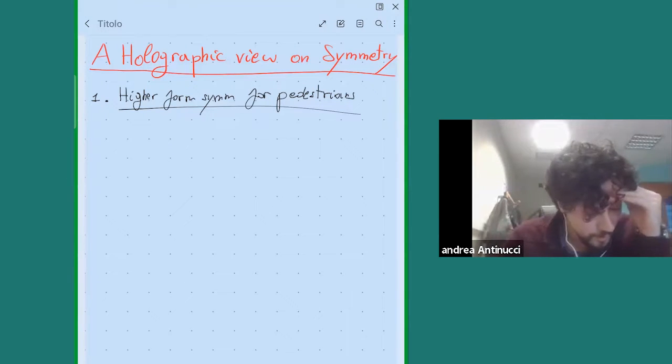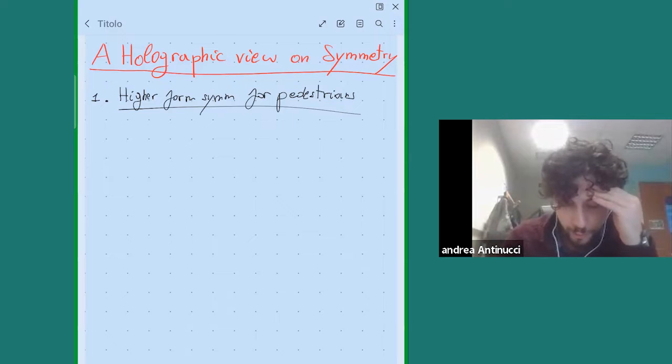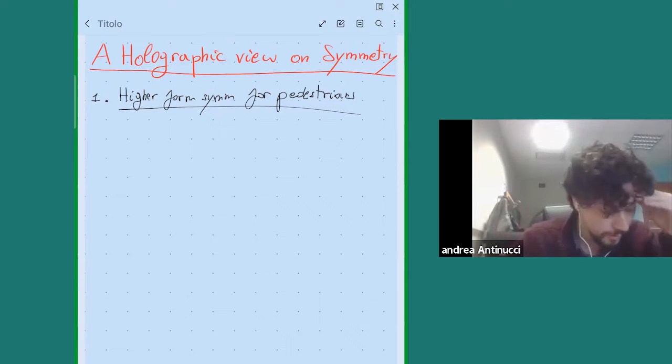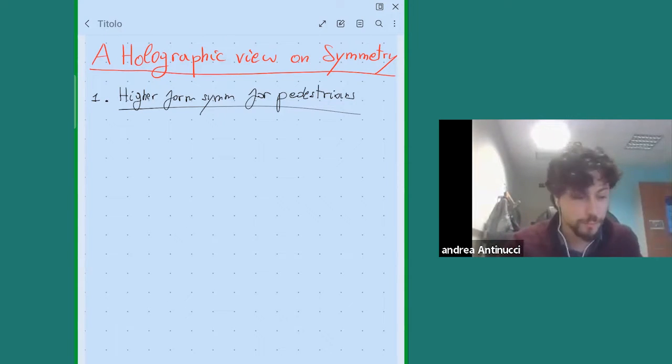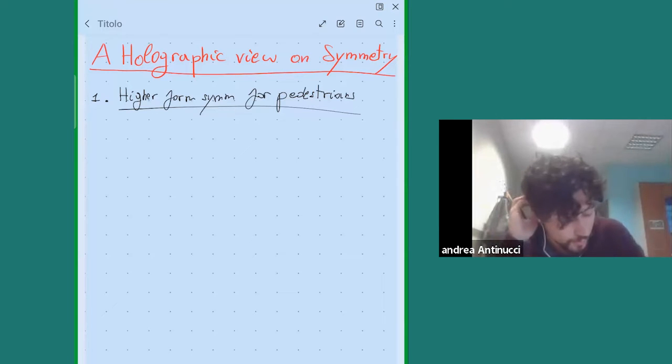Today what I will talk about are some aspects of this field, which is exploding in recent years, the field of generalized symmetries. I would like to introduce several concepts from the very basic, because in recent years many people discovered this new type of symmetry, and they have been used for extracting things from quantum field theory, phases of quantum field theory.